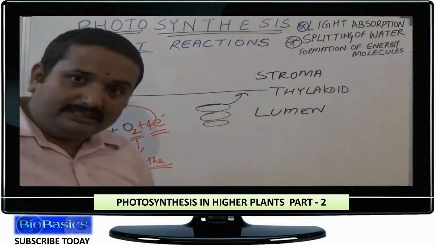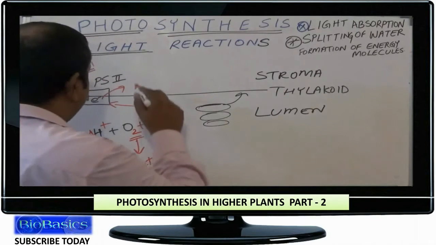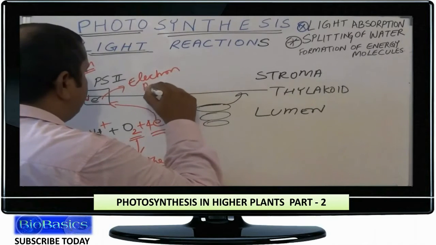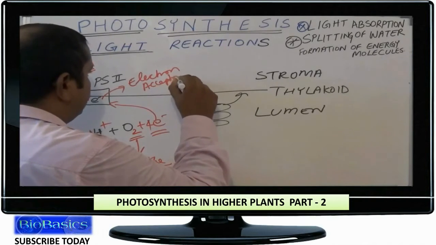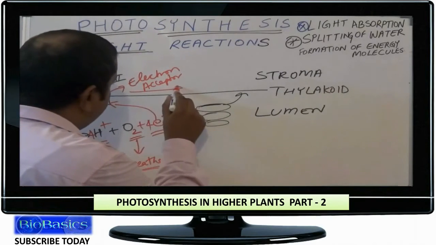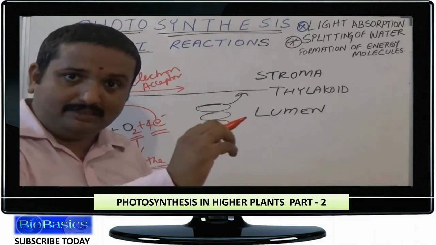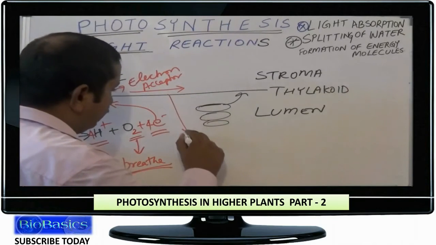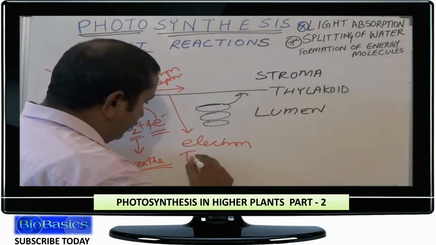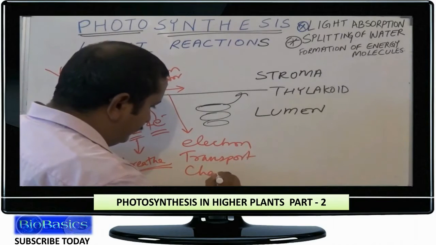Now, the electron is excited. The electron jumps out of the photosystem. It is captured by what is called an electron acceptor. And this electron acceptor will transport that electron along a chain-like system, a series of proteins, which is actually called the electron transport chain.